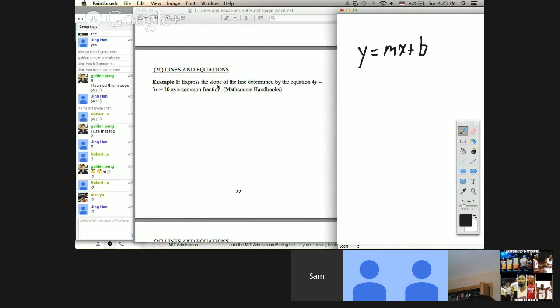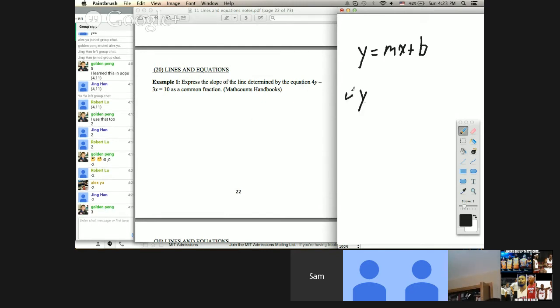This is basically saying find the slope of the equation 4y minus 3x equals 10. So find the slope of this. You can try to put it back into this form and then see what m is.